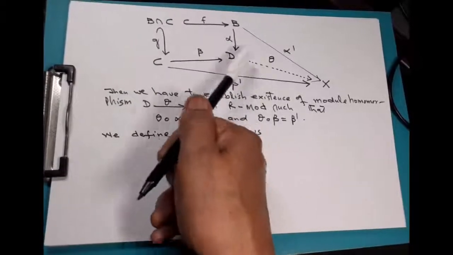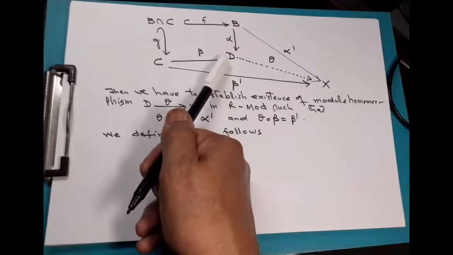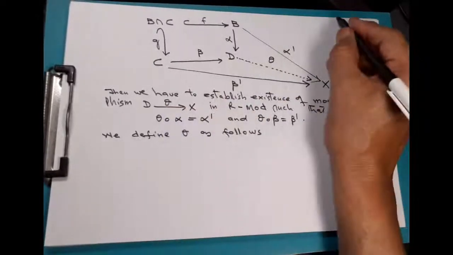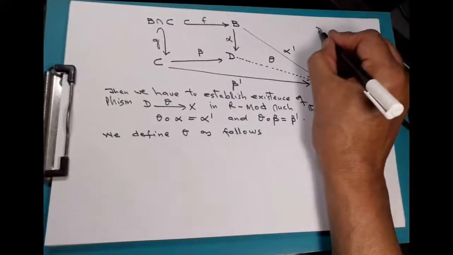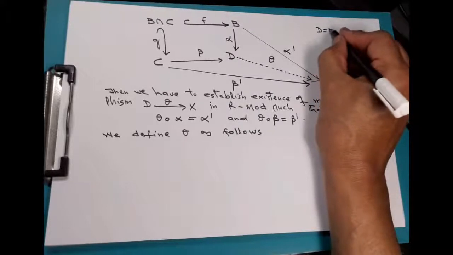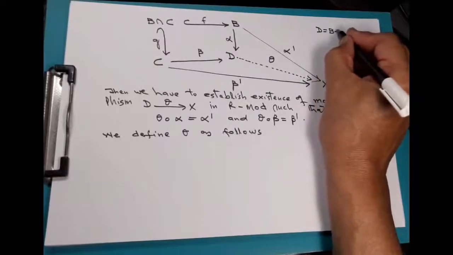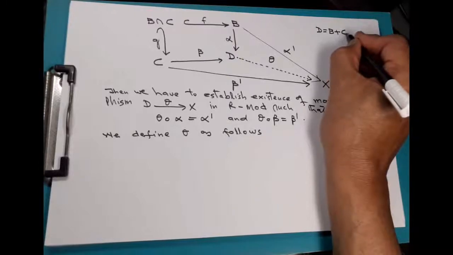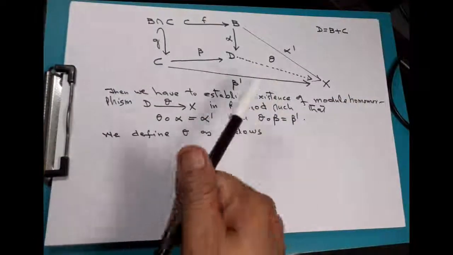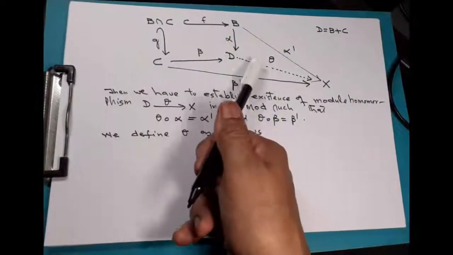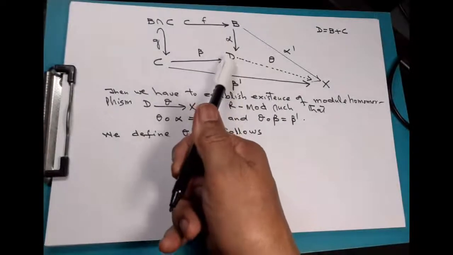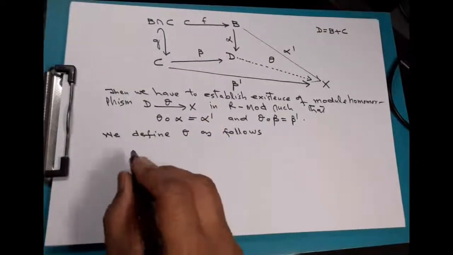So the domain of theta is D, and D is in fact B plus C. Let me write it here for ready reference. D is equal to the sum of these two submodules, B plus C. So the effect of theta on an element of D, this is what we have to see.